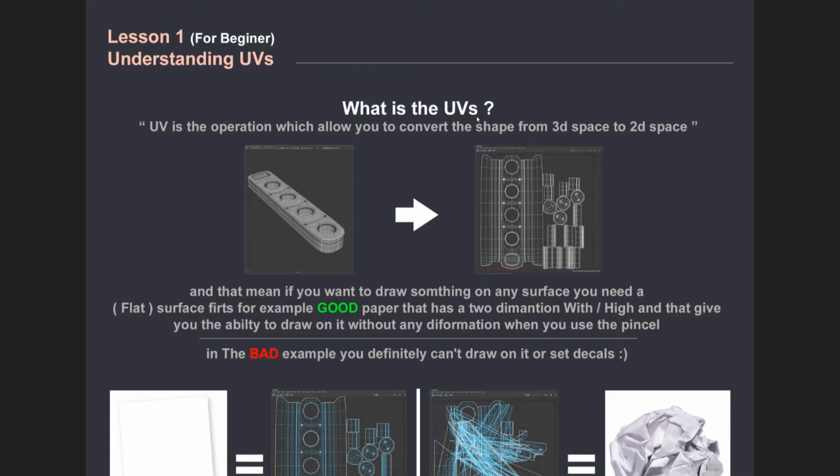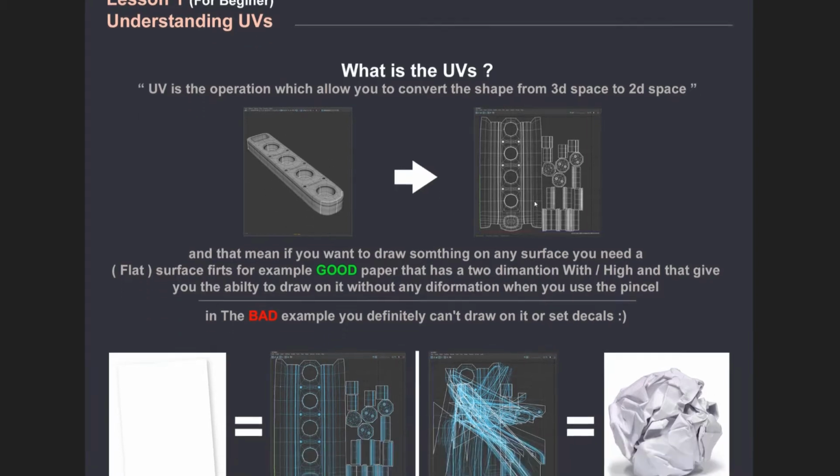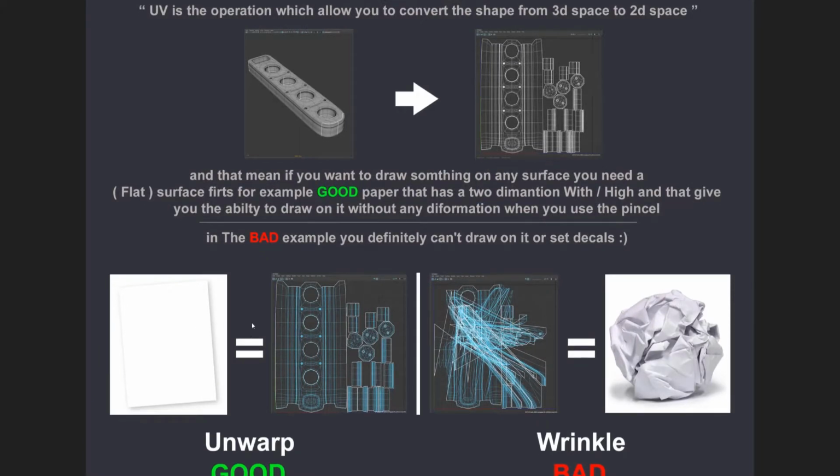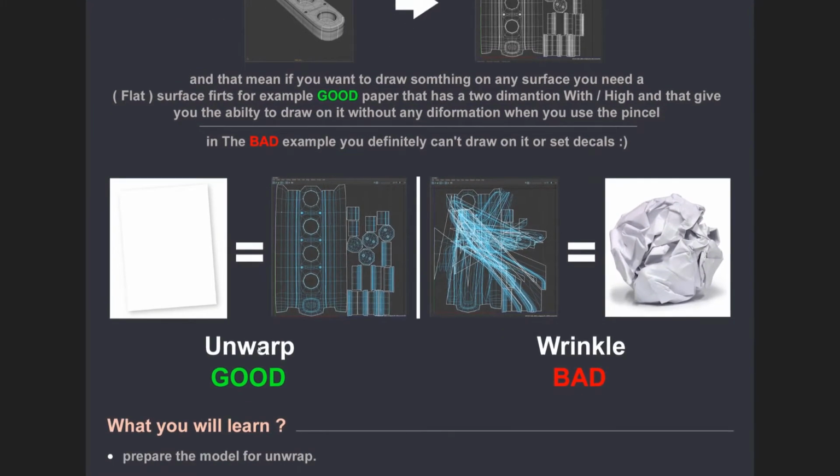So what is the UV? UV is the operation which allows you to convert the shape from 3D space to 2D space. That means if you want to draw something on any surface, you need a flat surface. For example, in this good example, the unwrapped UV is this paper that has 2 dimensions, the width and the height.